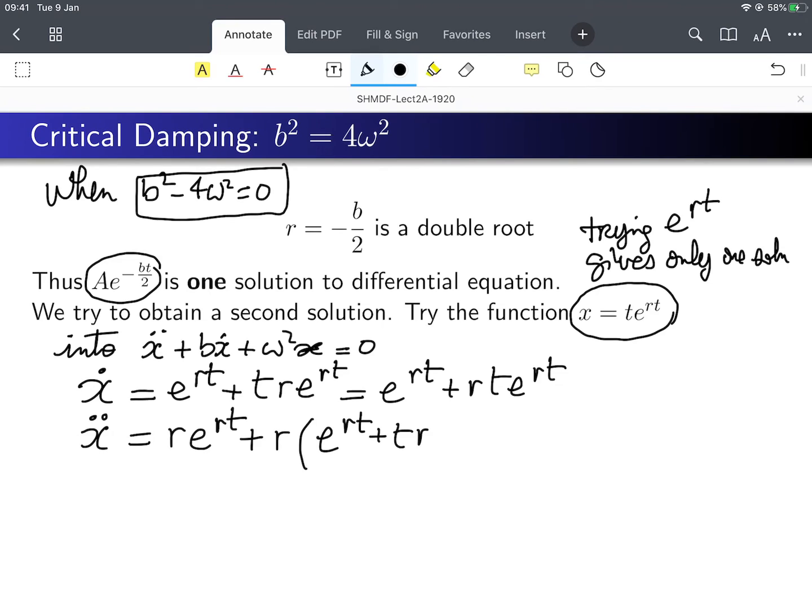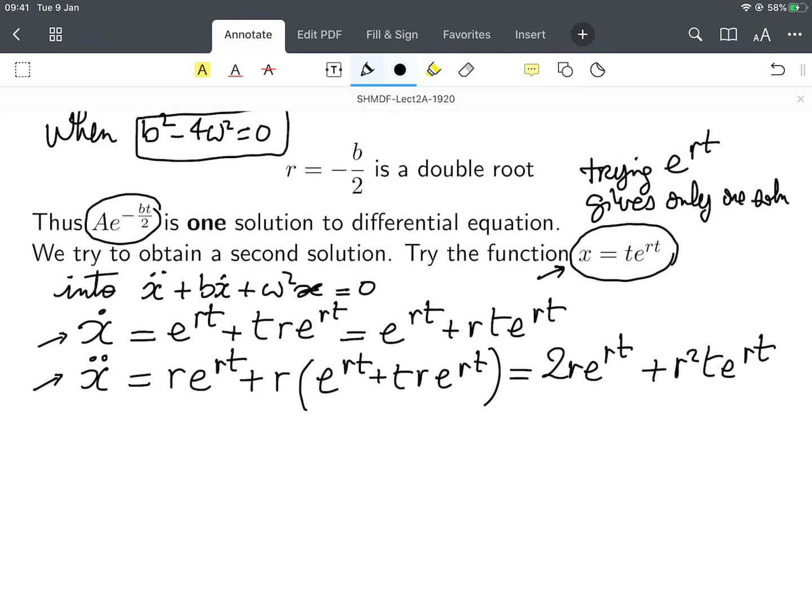ERT plus r ERT, so I have 2r ERT plus I have r times t times r, so it's going to be r squared t ERT. Okay, I have my three terms now. One here, one here, one here, and I can substitute into the differential equation.